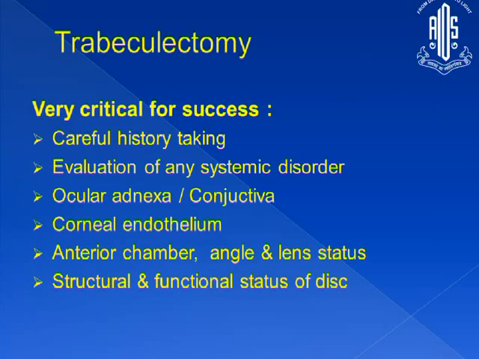Then, very critical for success is careful history taking, evaluation of any systemic disorder, and any focus of infection. You have to look at the ocular adnexa and conjunctiva, and evaluate the corneal endothelium, anterior chamber, angle and lens status. The structural and functional status of the disc is also evaluated.